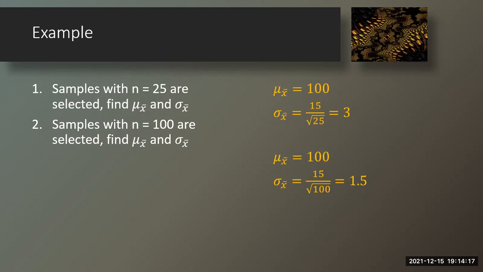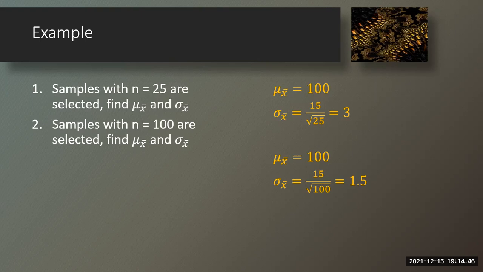So again, if you know the population mean, you know mu of x bar. Since you know that the population has a mean of 100 for IQ points, the sampling distribution will also have a mean of 100. The standard deviation, on the other hand, is calculated by taking the population standard deviation of 15 and dividing it by the square root of the sample size.